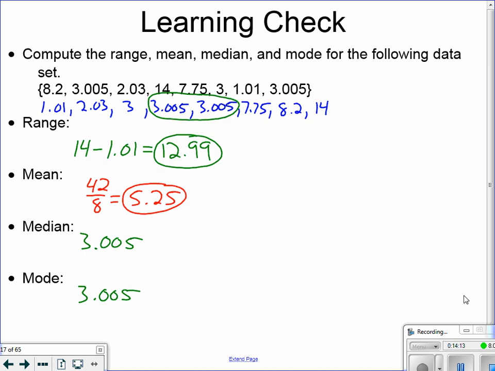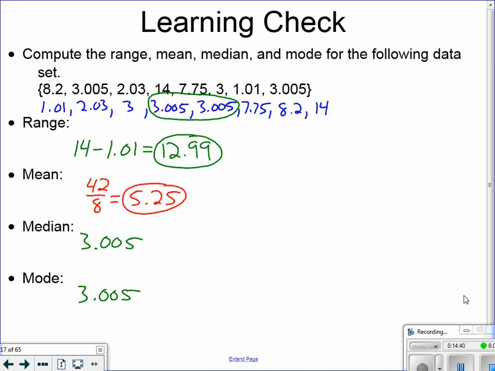Again, remember we can think of that as the max minus the min as well. For the mean, when you add these numbers up, they should add up to 42. Now remember, that's the sum, and we want to take that sum divided by the number of pieces of data in the set. So there's 8 pieces of data in the set, so we're taking 42 divided by 8. Your mean comes out to be 5.25.